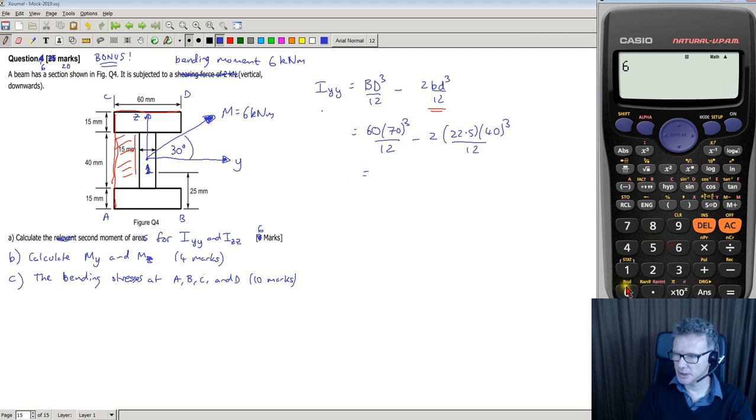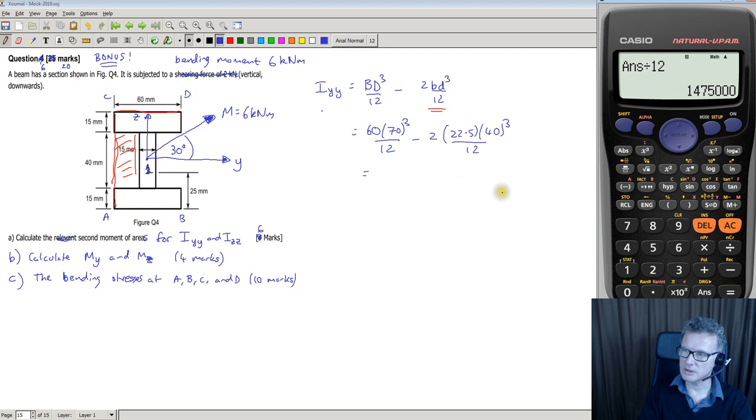So that's 60 times 70 to the power 3, take away 2 times 22.5 times 40 to the power 3, divide that by 12.